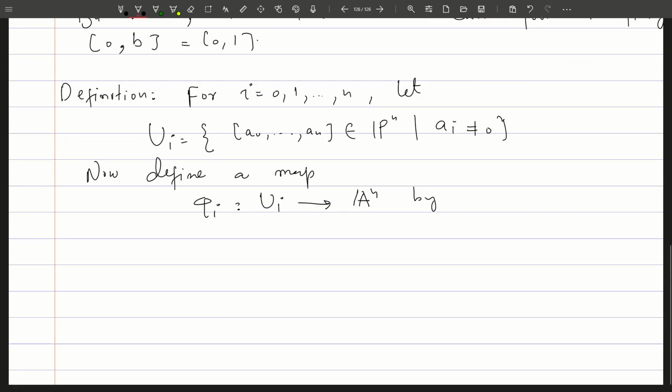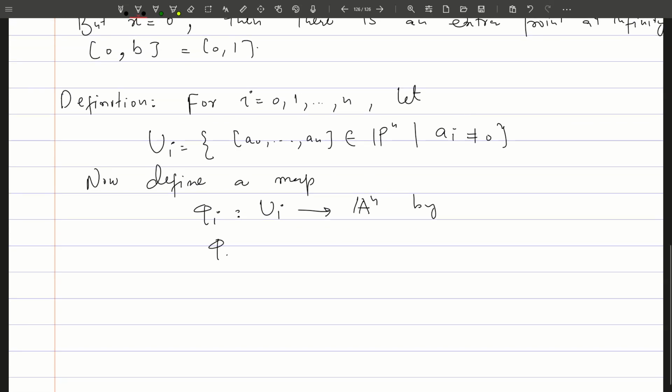This phi i takes a point, let us call this point a naught through an, to the point a naught by ai, a1 by ai, and so on, ai by ai, which is the same as 1, and so on, an by ai.